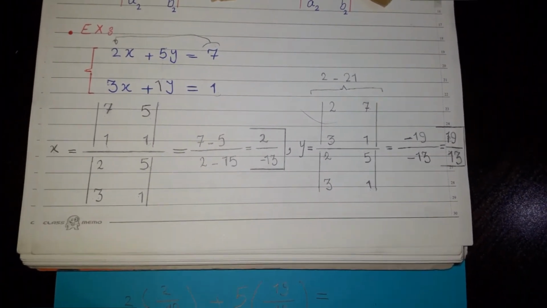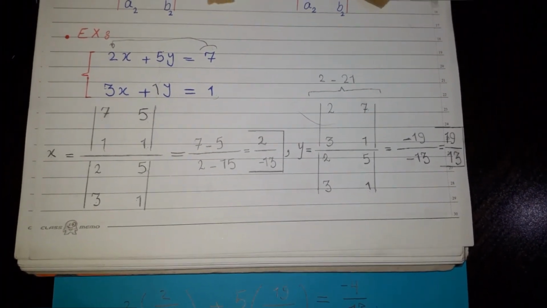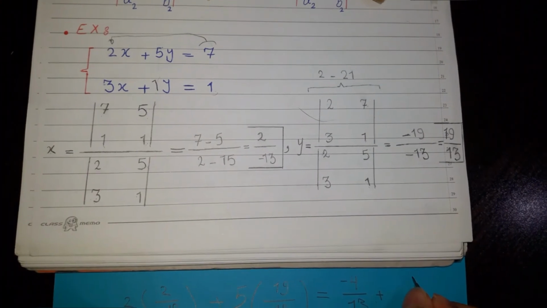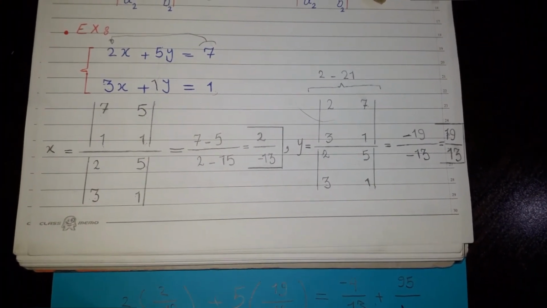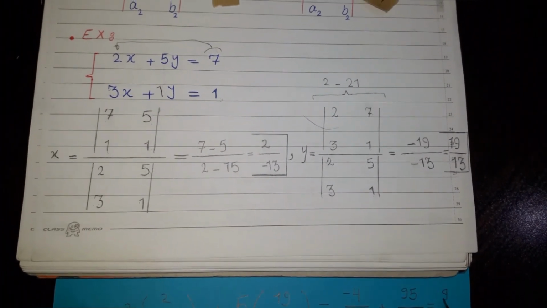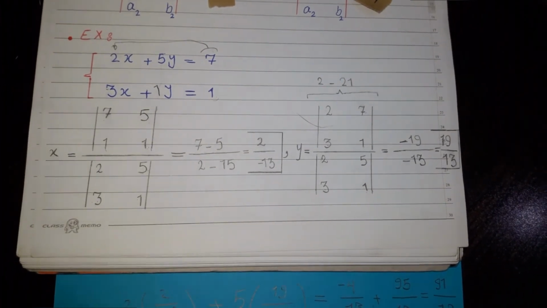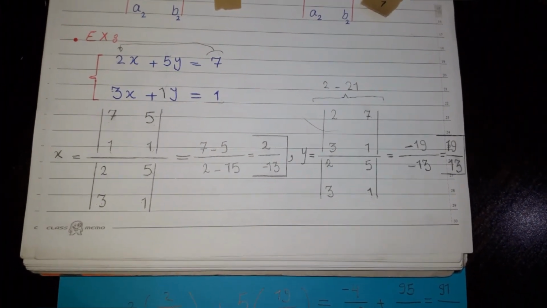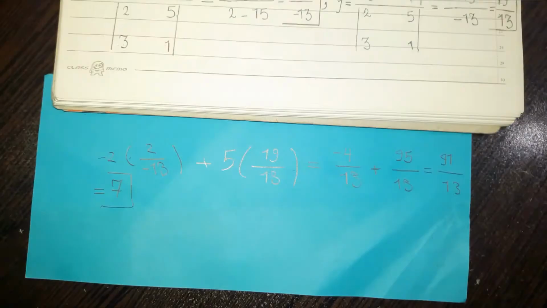That is negative 4 over 13 plus 95 over 13, which is 91 over 13, which is 7. So it is correct.